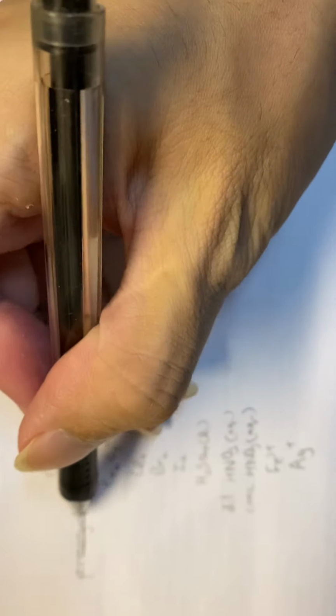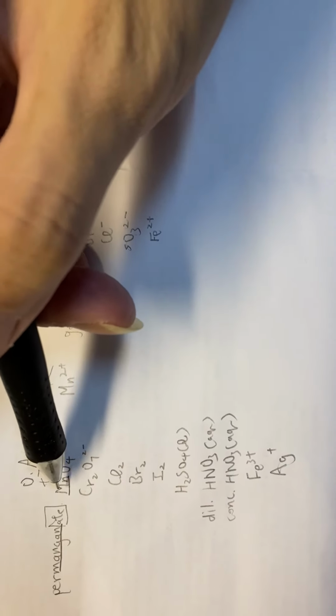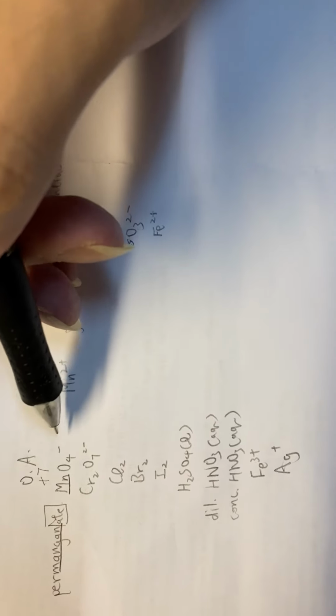So permanganate should consist of Mn as one of the atoms, and for the species with ATE inside, it means that it should contain some oxygen atoms. So the permanganate ion should contain Mn and of course oxygen. The combination here is 1 Mn with 4 oxygen with a minus charge.